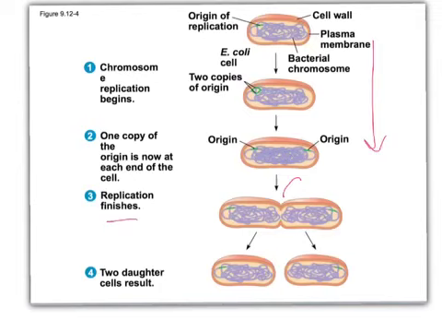So as the genomes got more complex, with more genes, more DNA, more chromosomes, and protein involved, the process of mitosis evolved with it. Questions on mitosis and binary fission?